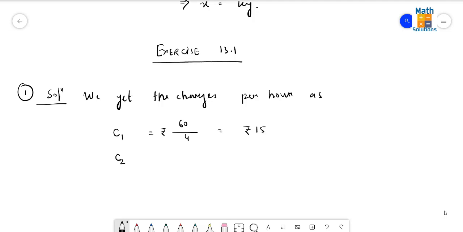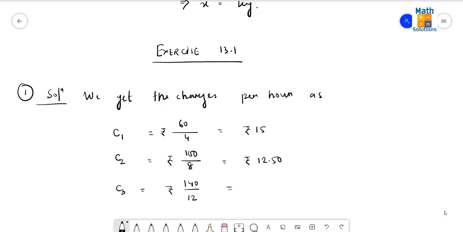Similarly, charge per hour in the second case is what? We have to divide 100 by 8 hours. The result will be 12.50. Then charge per hour in the third case we get as 140 by 12, because for 12 hours 140 rupees is given.